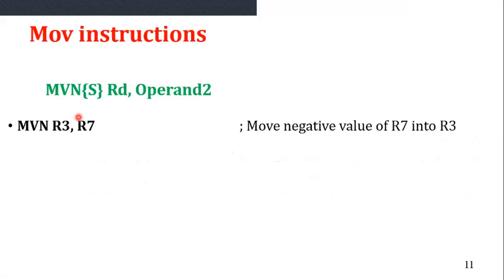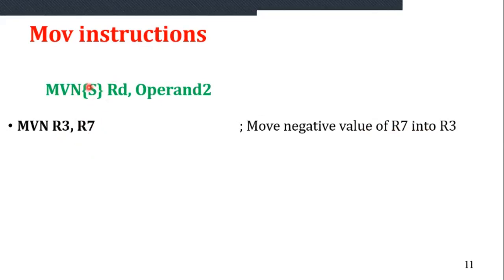Let's see, here it is MVN R3, comma, R7, which moves the negative value of R7 into R3. If 5 is there, -5 will be stored in my R3 register. To get negative values, I can go for the MVN instruction. And here also, the S suffix determines whether my APSR is affected.